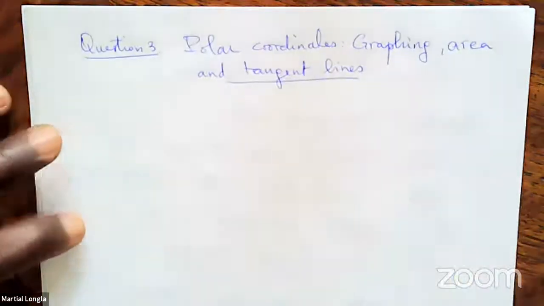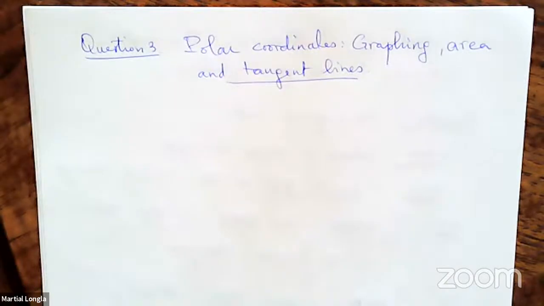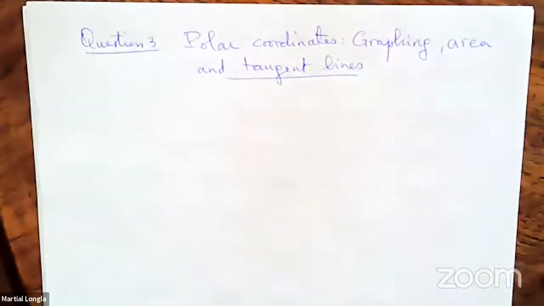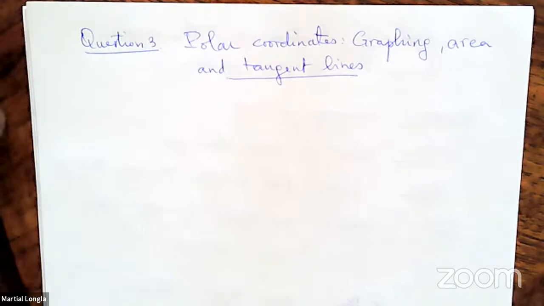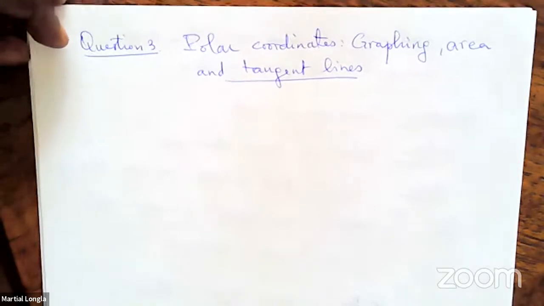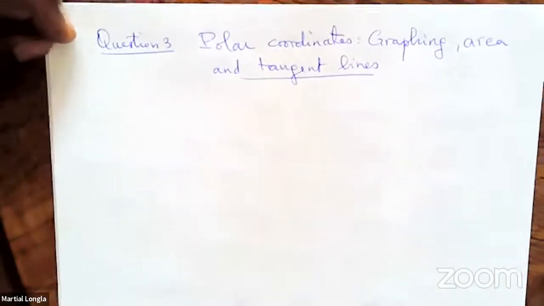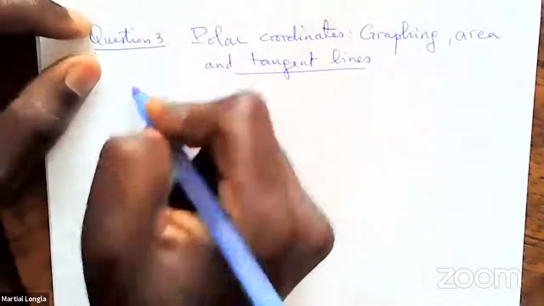So these are all the topics that are related to that, polar coordinates. You had graphing, you had to compute the area, and then you had to find tangent lines. And you just gave me an example.